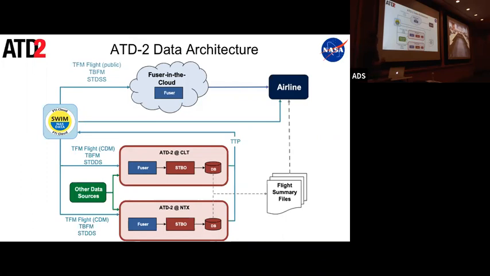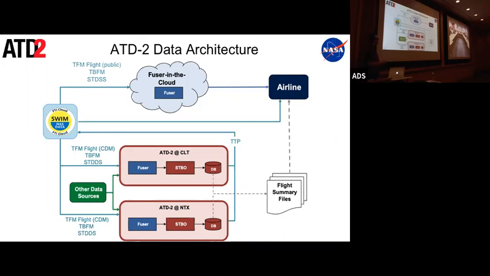So we take the SWIM data, we take these other data sources, and we send them to the fuser. They go to, here it's labeled as STBO, which stands for Surface Trajectory-Based Operations, but that's the IADS system. The answers coming out of the IADS system get written to a database, and then the answers get sent back via what we call the TTP feed, the TFDM terminal publication feed, and get sent back to SWIM.